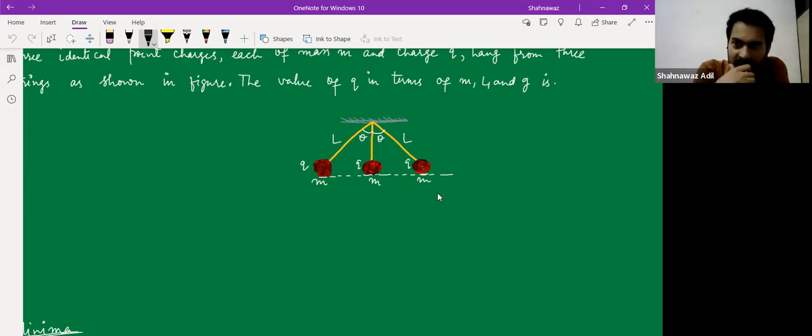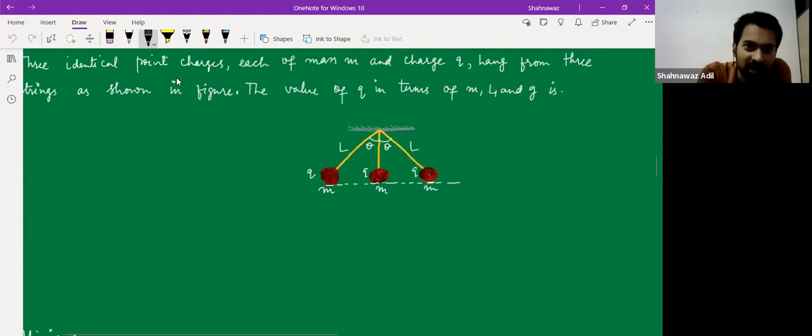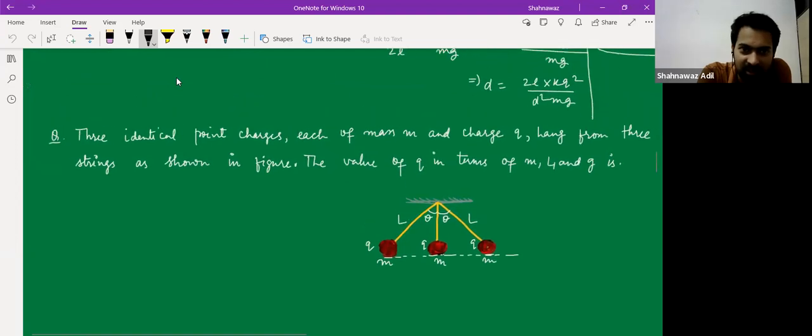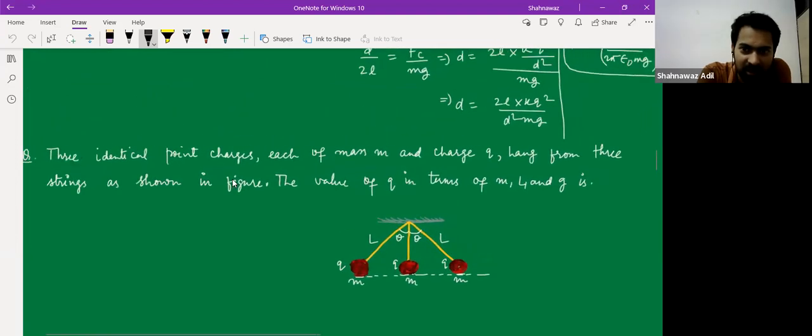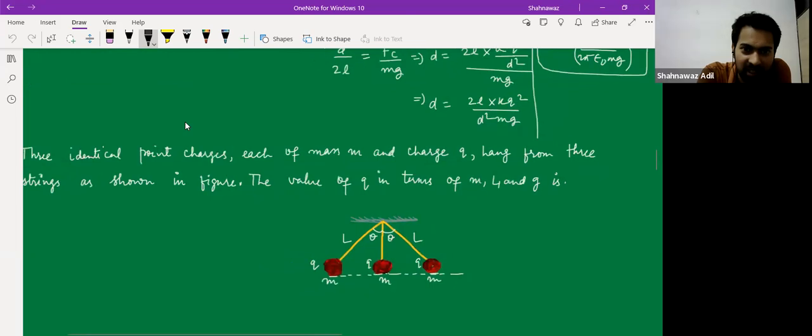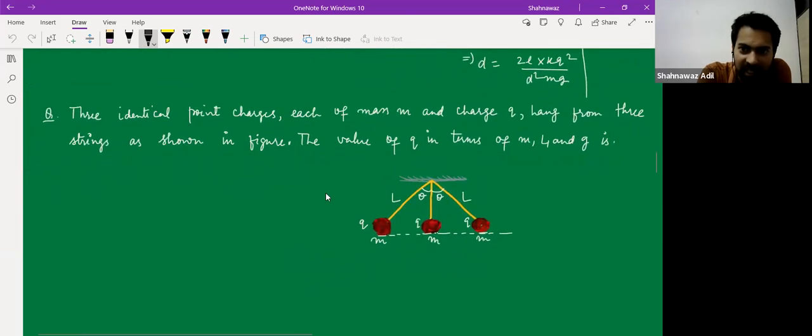Can you fully display the question? Yes, sir, this is the question. These are only the word parts. The diagram tells all the wordings here, so that is why I only show the diagram. Okay.